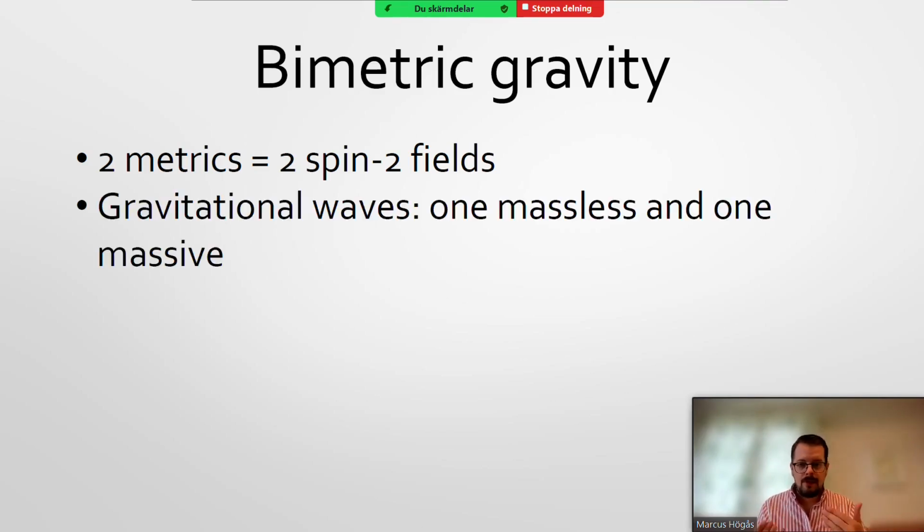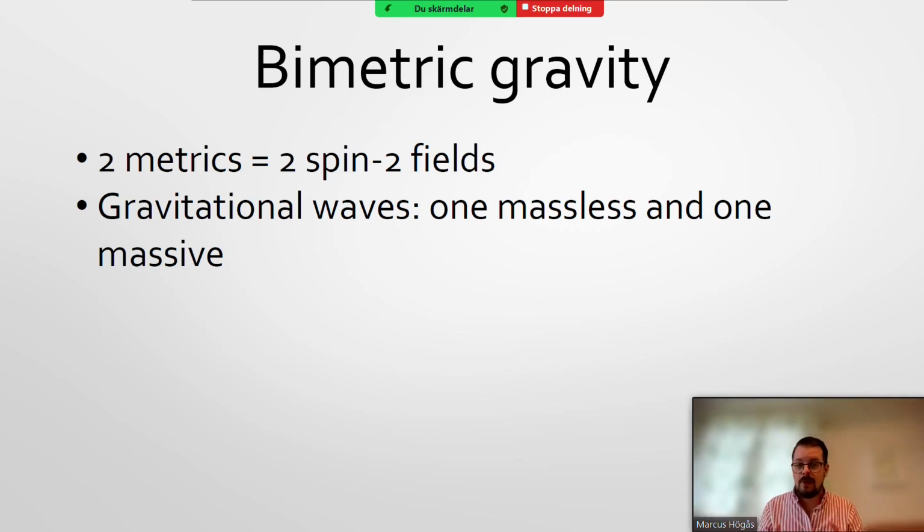So at the level of gravitational waves, that means that there are two different types of gravitational wave modes. One massless, as in GR, but also one massive. And these two modes are interacting with each other, which can lead to some very interesting phenomenology, but that's another talk.